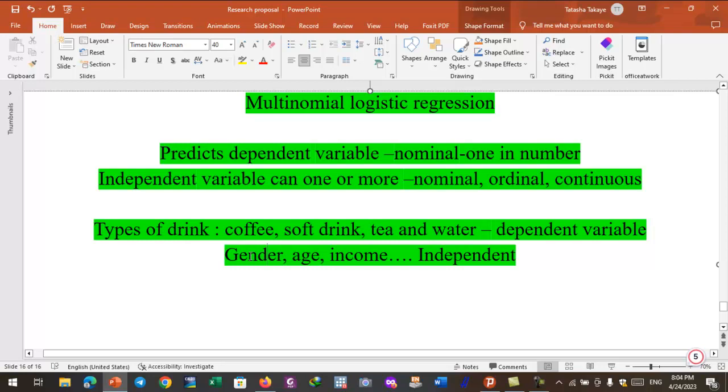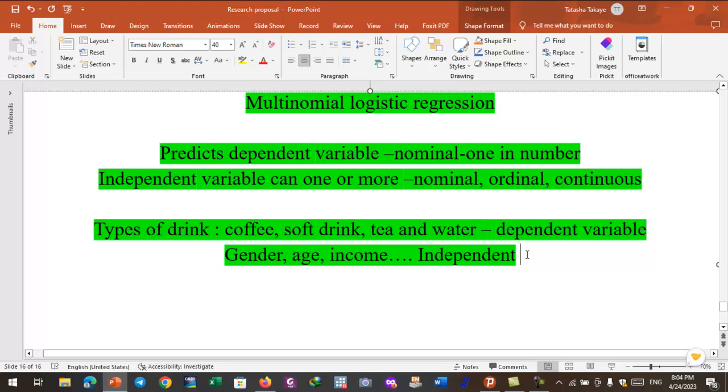We will say a male respondent, compared to a female respondent, is less likely or more likely to prefer coffee compared to water. I will prepare another video on how to interpret the results of a multinomial logistic regression model.